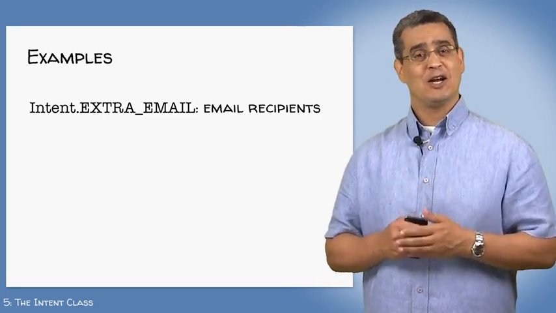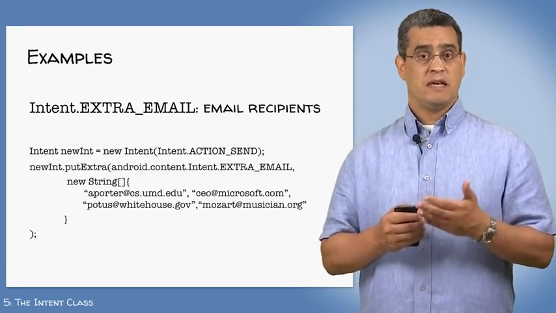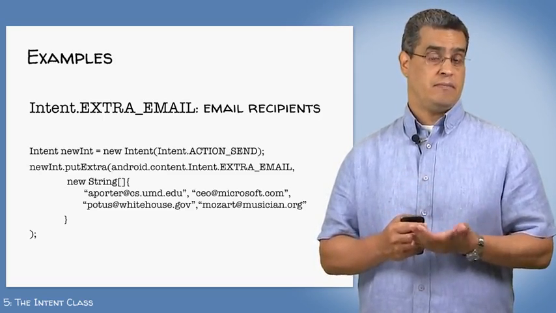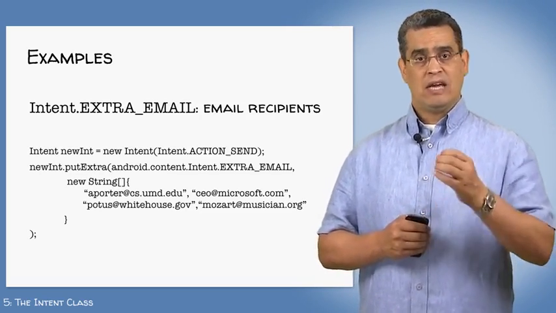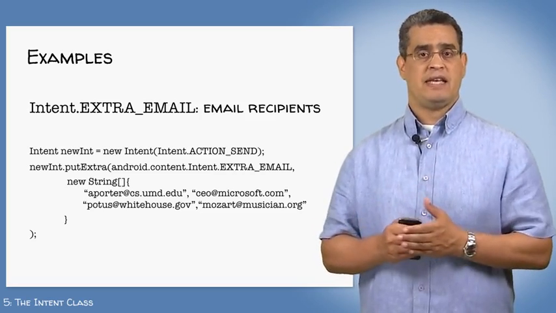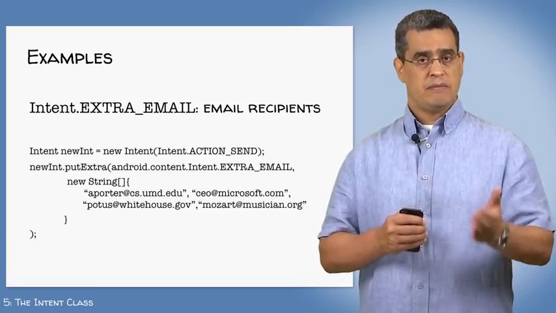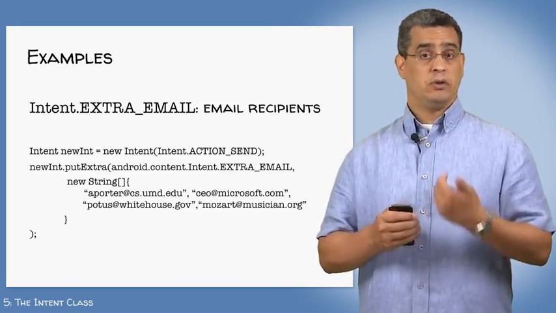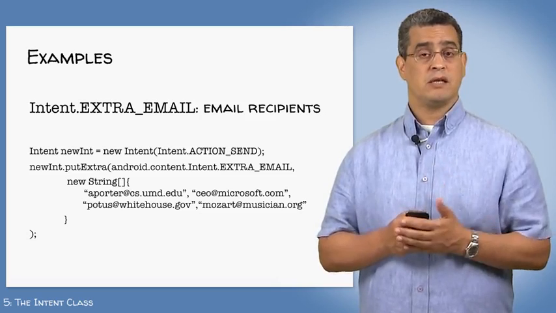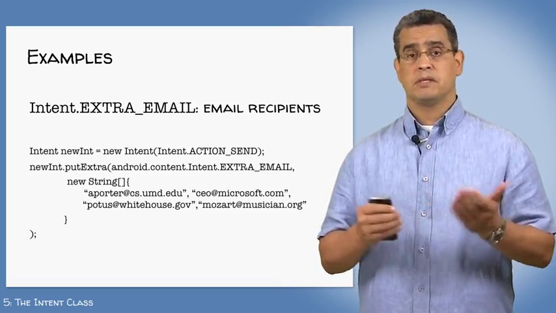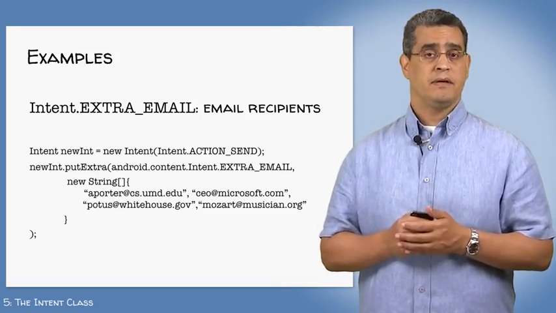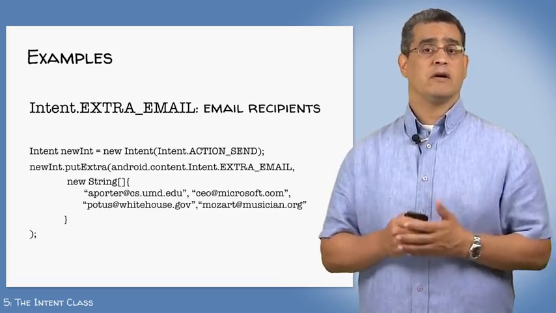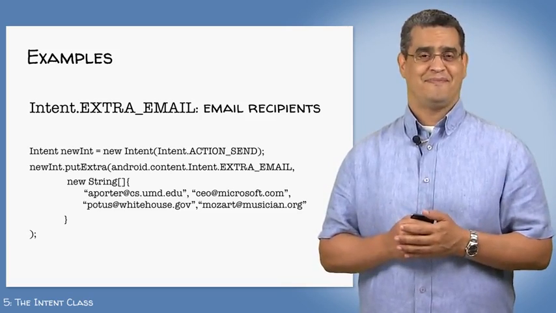Now, as you can see here, this code creates an intent with the action intent.ACTION_SEND. So we want to send some email. It also adds an extra to that intent. The extra is named EXTRA_EMAIL, and in this case, its values include me, aporter@cs.umd.edu, CEO@microsoft.com, POTUS@whitehouse.gov, and Mozart@musician.org.